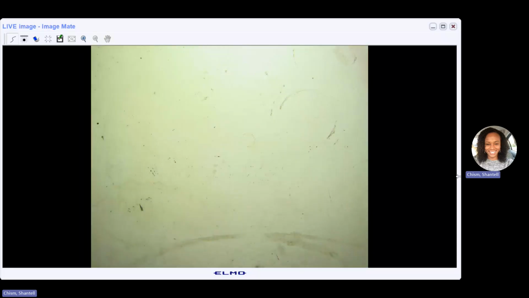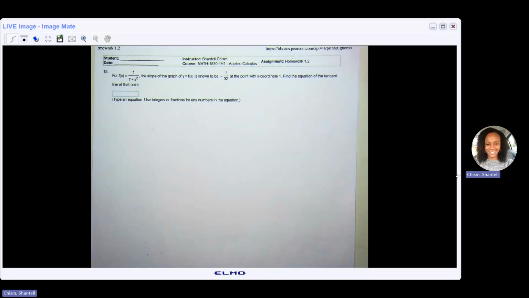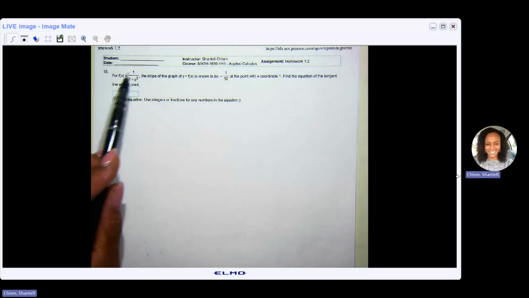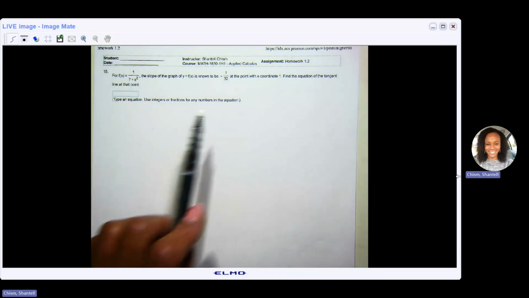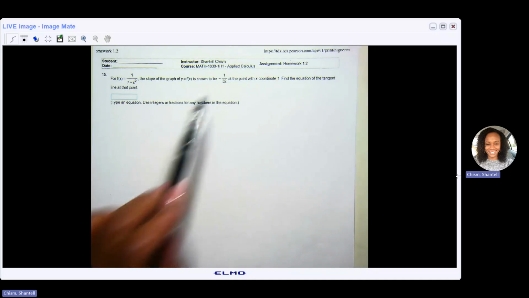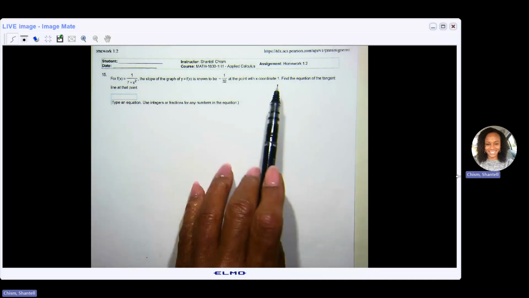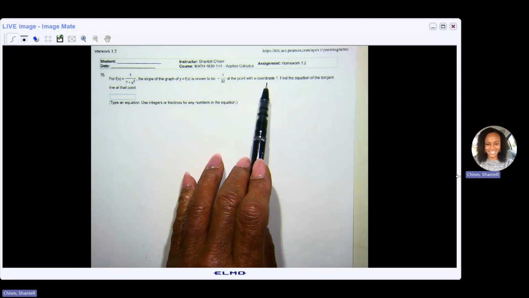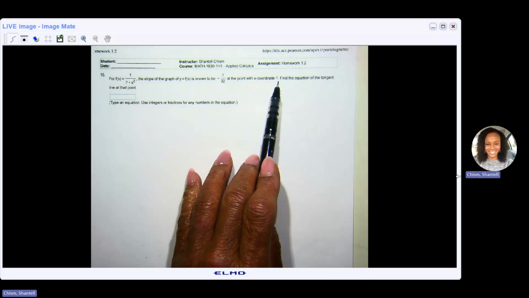All right, so let's look at number 15 here. This one says for f of x equals 1 over 7 plus x squared, the slope of the graph of y equals f of x, so the slope of this function, is said to be negative 1 over 32 at a particular point with the x coordinate of 1.